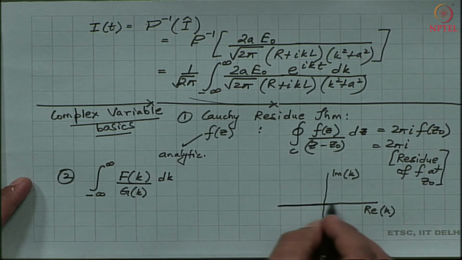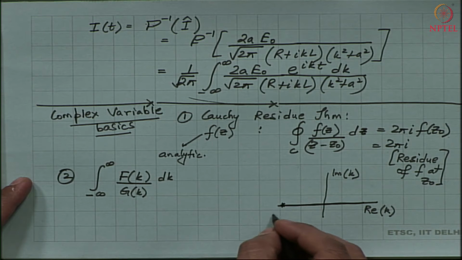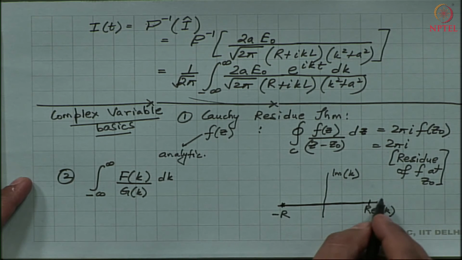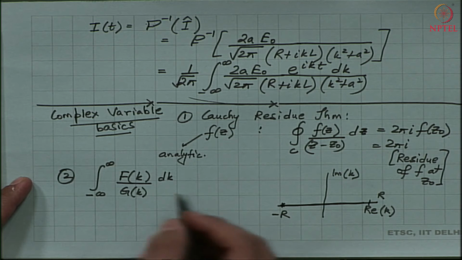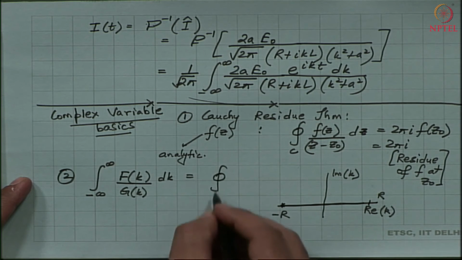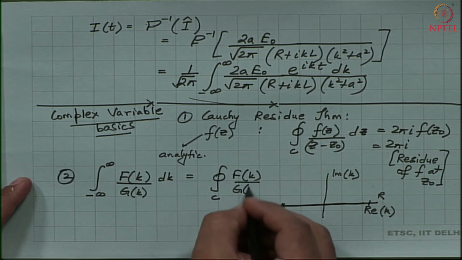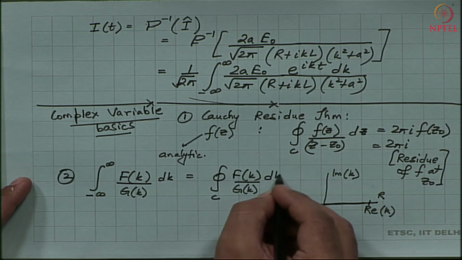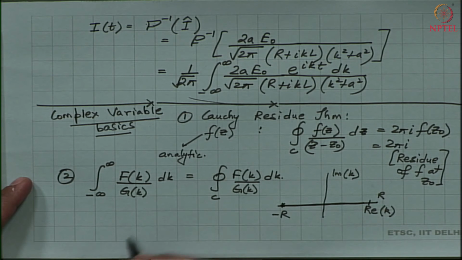So, on this plane the integral is from, let us say, minus infinity to infinity. So, let us say I denote a point R, from negative R to R, where R goes to infinity. So, this integral is also equal to the contour integral C of f k by g k dk.